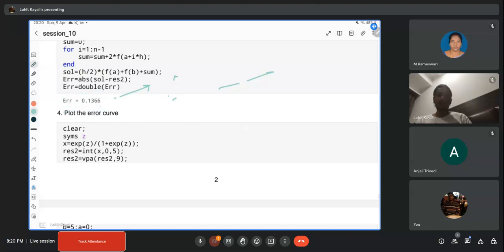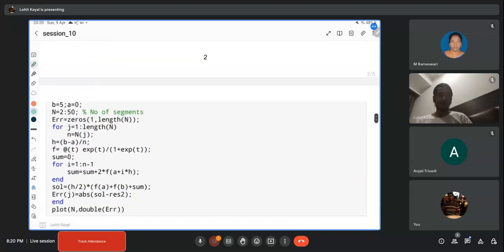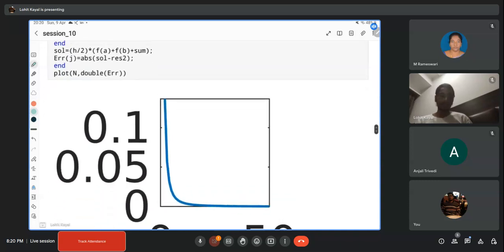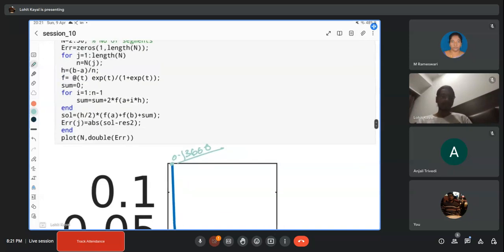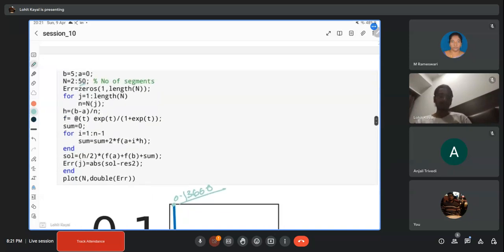Now here I have done the same thing. I have plotted the error curve. You can see that the error starts from a small number. We have seen that it is 0.1366, and the pattern is exactly similar, a very sharp decay when I increase my segment size. Here I have increased the segment size to 50.